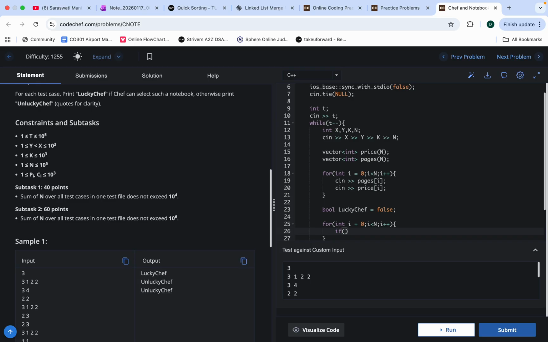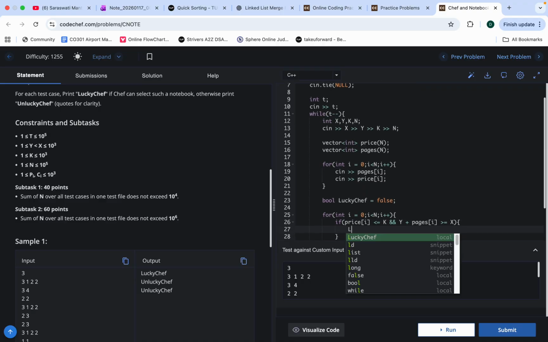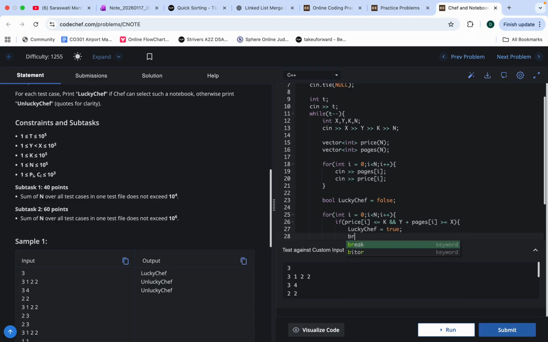Then we will check the condition that price of i is less than or equal to k. Also, y plus pages of i must be greater than or equal to x. If this condition is satisfied, then lucky chef will be equal to true, and if that is done, we're going to break.